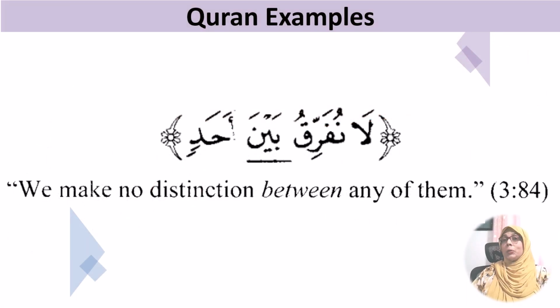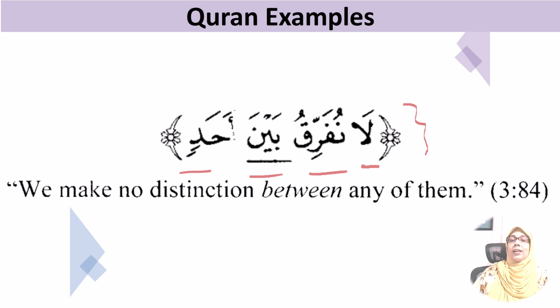So let's conclude today with this short example of a portion of a verse from the Quran that practices what we just learned, which is baina, to mean between. La nufarriqu baina ahadin. So Allah is saying we make no distinction between any of them. So la nufarriqu.